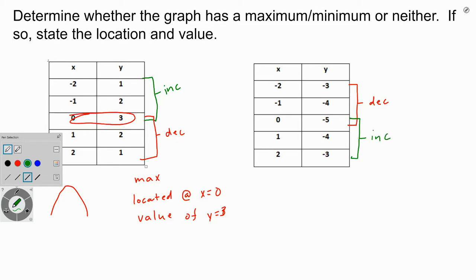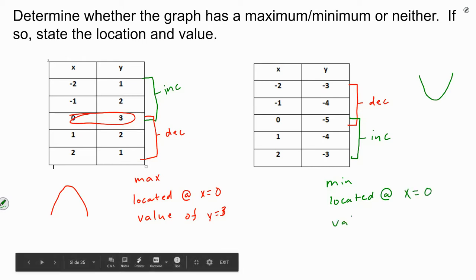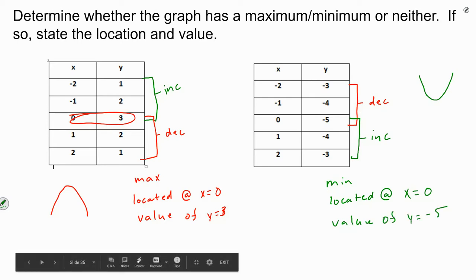It's increasing. So since I'm decreasing, going down and back up, that means I have a minimum. So my minimum here is located at x equals 0 and has a value of y equals -5.